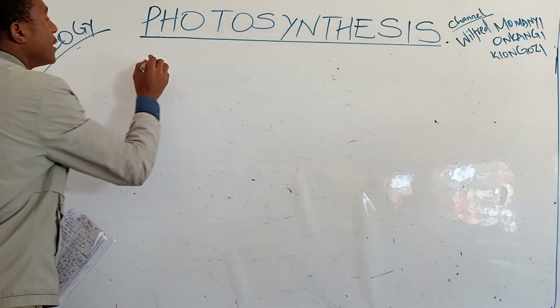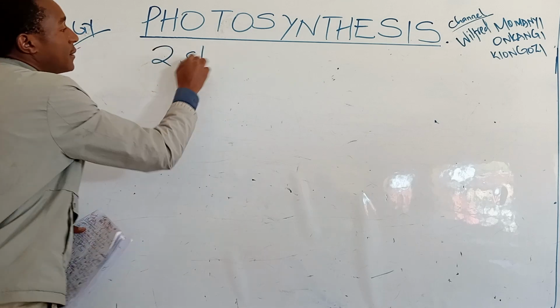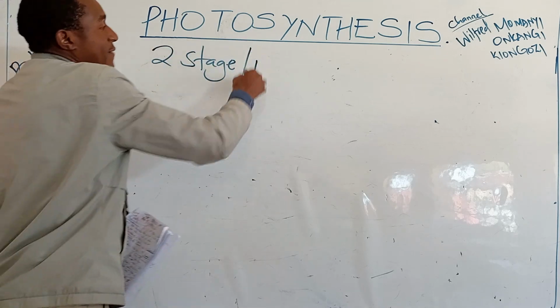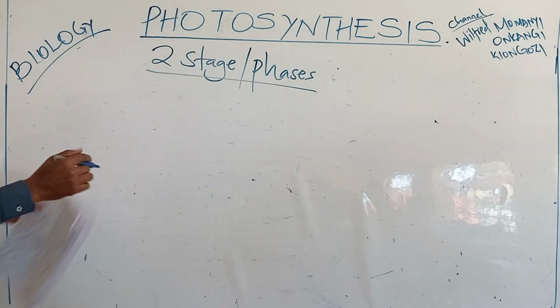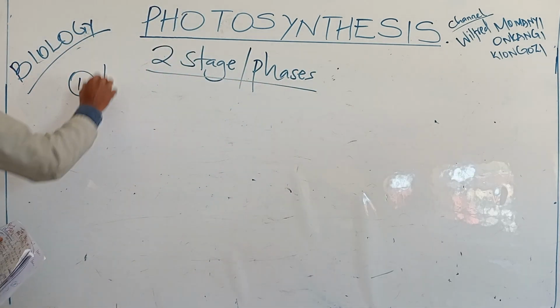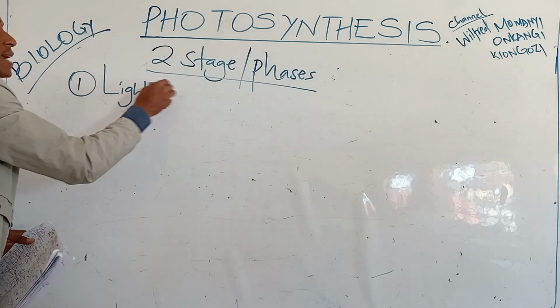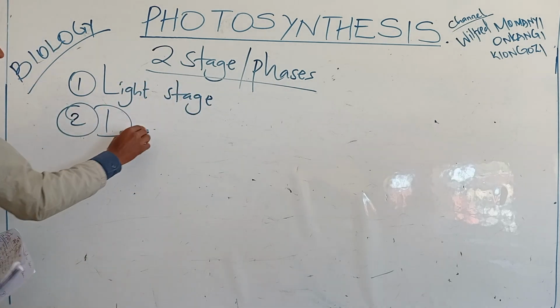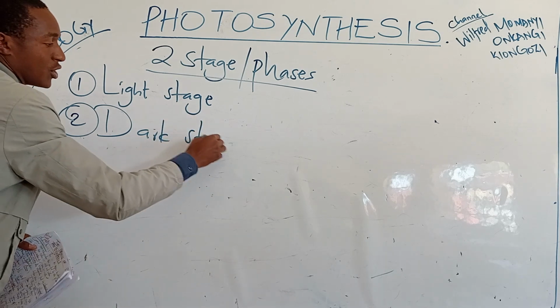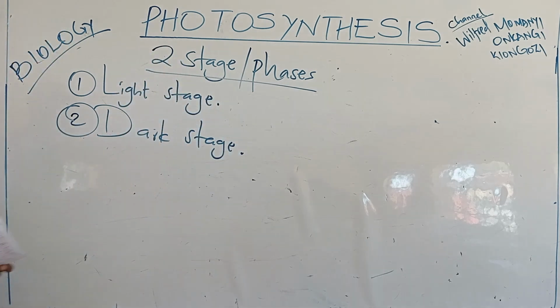So we go to the stages of photosynthesis. Photosynthesis has two stages. We can call them phases. They are very brief. One, we have the light stage, and two, we have the dark stage. These are the two stages.